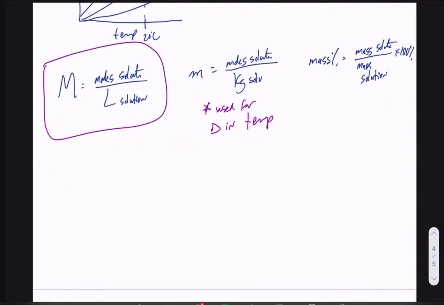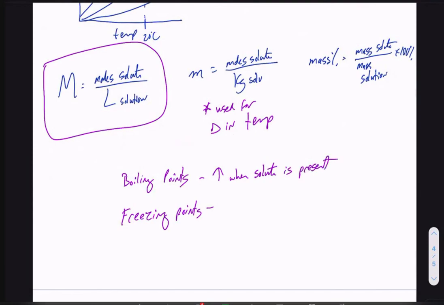So applications of solutions then, or the colligative properties. Boiling points, freezing points, right? So boiling points increase when solute is present.